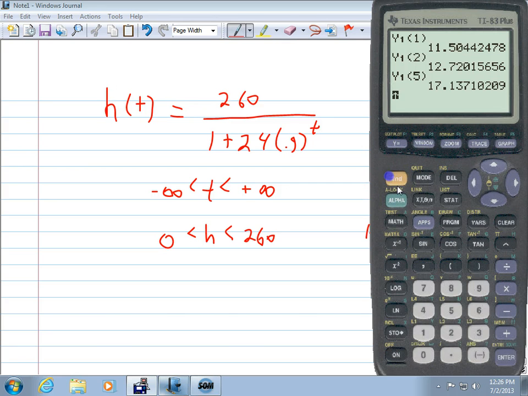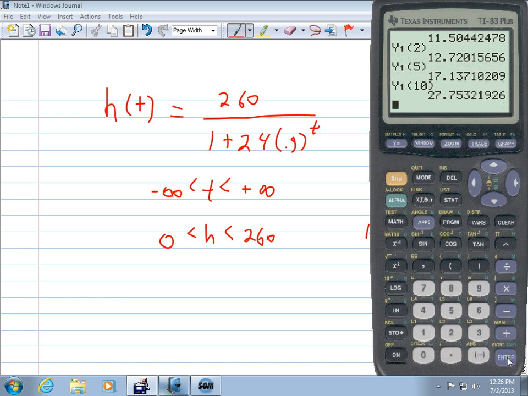The sunflower was approximately, let's say 10 days, approximately 27, almost 28 centimeters tall after 10 days of growth, having started at 10.4 centimeters tall, right? So is everyone okay using function notation? That's what the vars are, they're functions. Y1 is a function, Y2 is a function.